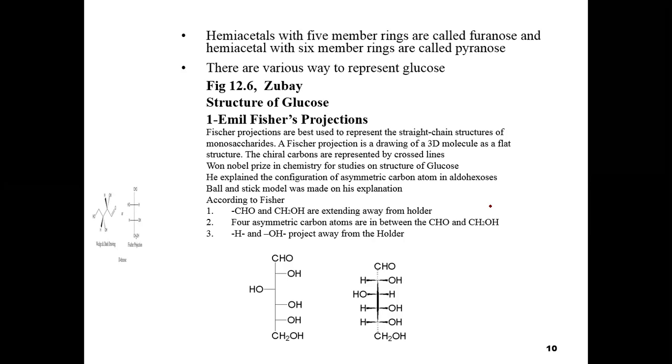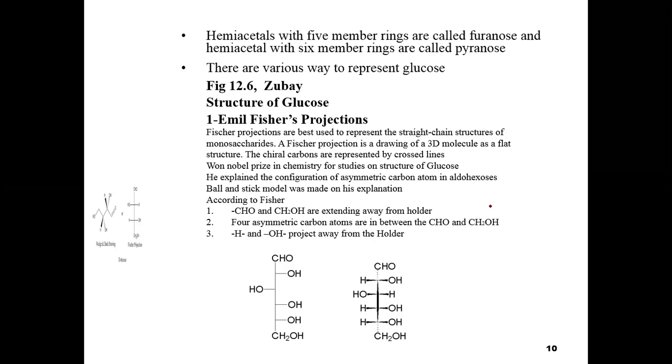According to Fischer, in carbohydrate molecules, the carbonyl carbon CHO, you can call the aldehyde carbon, and the alcoholic carbon are extended away from the holder, while the other four carbons are arranged in a line in between the alcoholic and the carbonyl carbon.